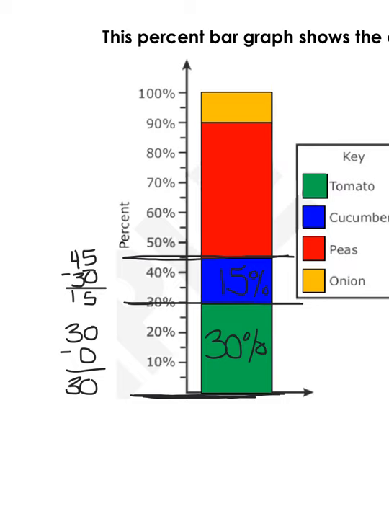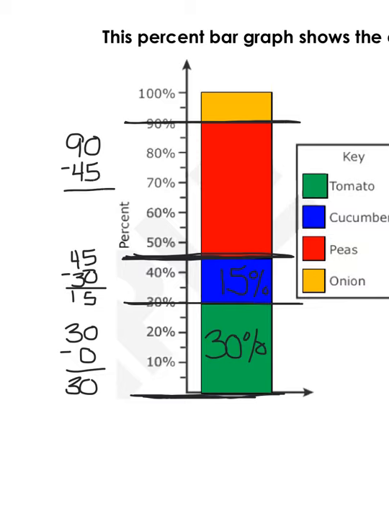Now I'm going to look here. The red part of the graph, the peas, starts at 45 but ends at 90. So I'm going to take where the graph ends, 90, and subtract the beginning part, which is 45.